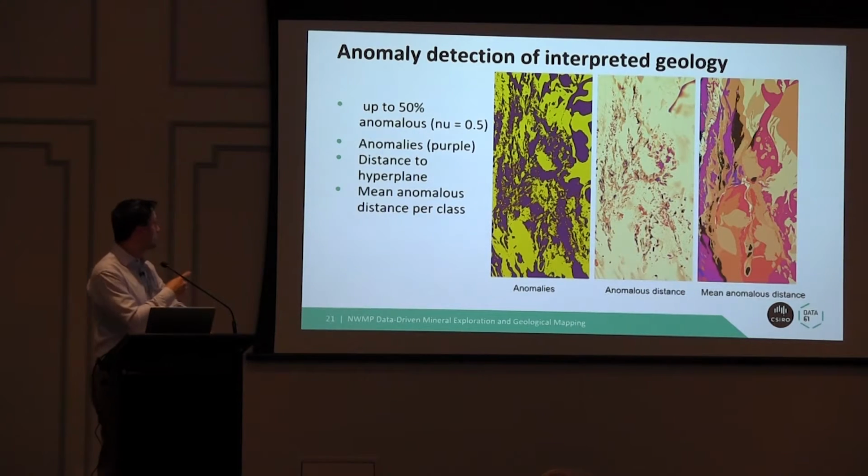The anomalies are in purple in that map, and the degree of anomalism within these areas is displayed next to it, with the darker colors being more anomalous. We can also compute a mean anomalous distance per unit, so that will tell us which units are the most anomalous on average.